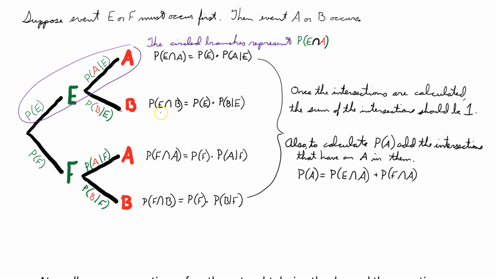So the intersection of E and B is calculated as a probability of E, the first branch, multiplied with the probability of B given E, the second branch.